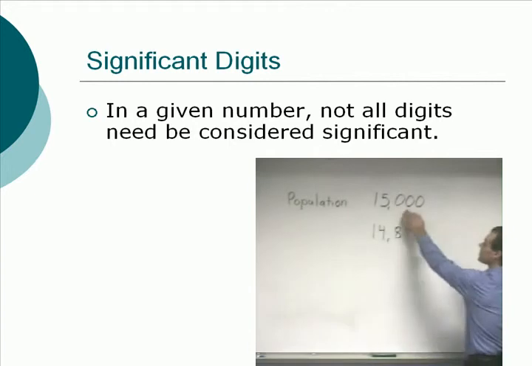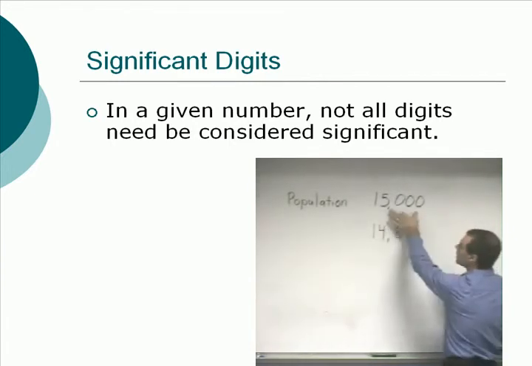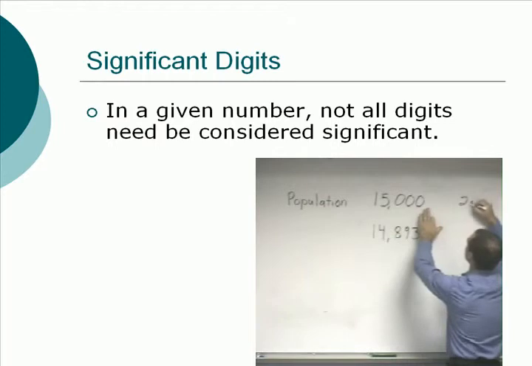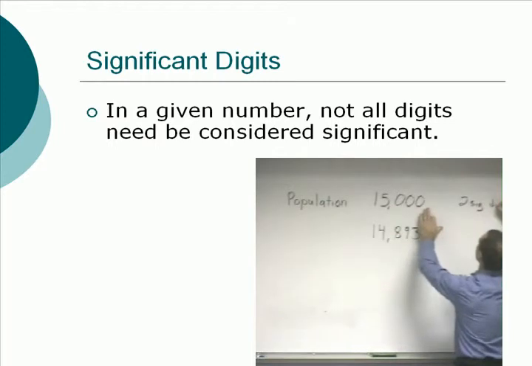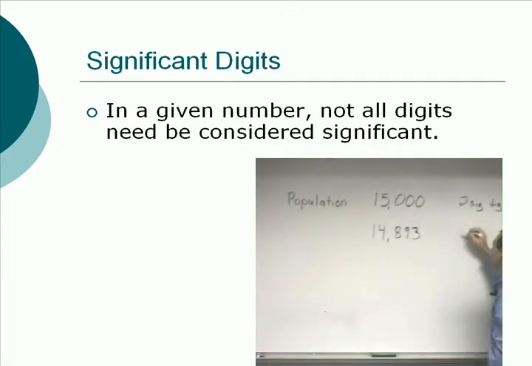Well, if we look at these two numbers, we count the number of significant digits in each number. Here, the 1 and the 5 are significant, but these 3 zeros are not. This number would have 2 significant digits, or sigdigs. This number, however, all 5 of them would be considered significant.